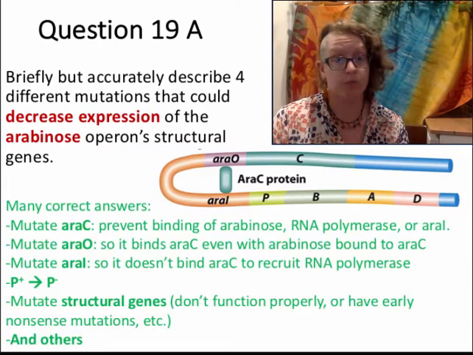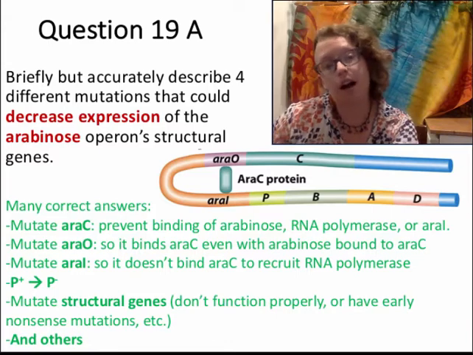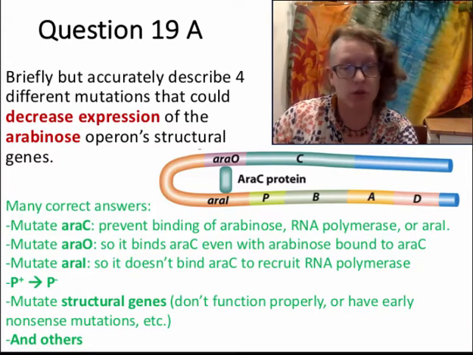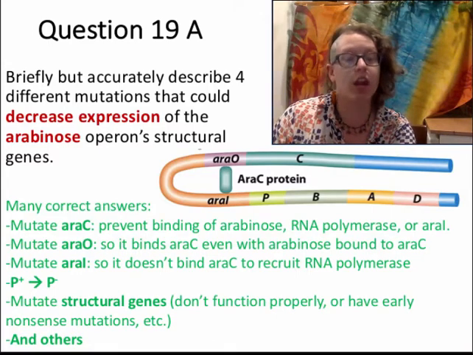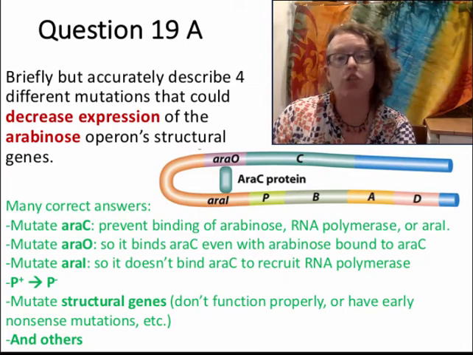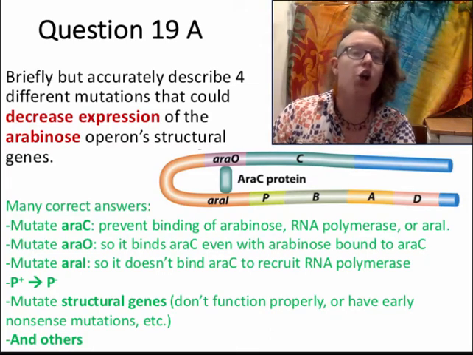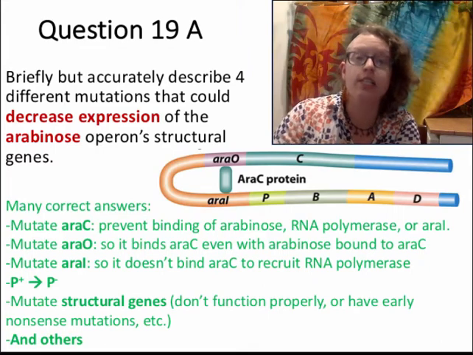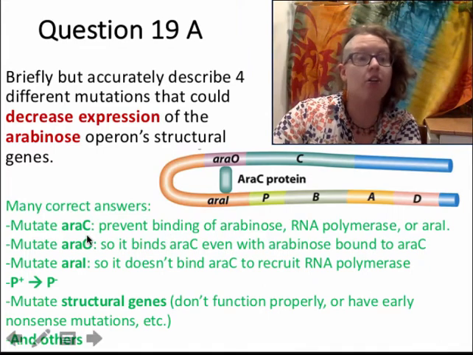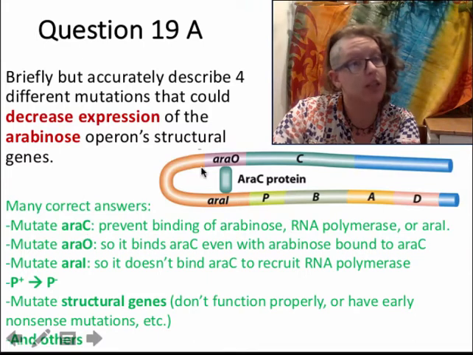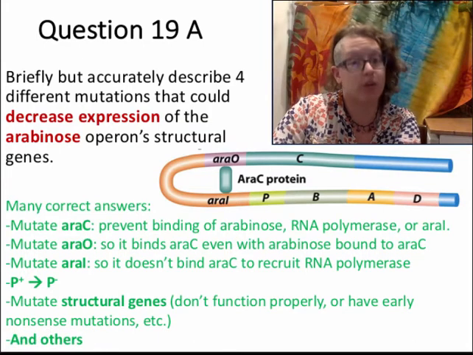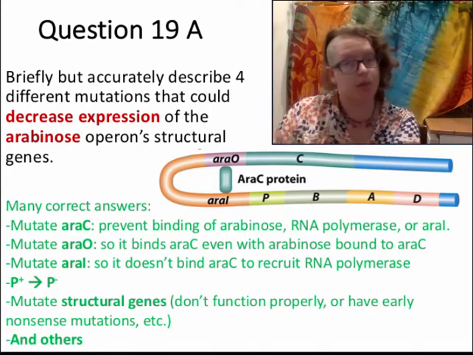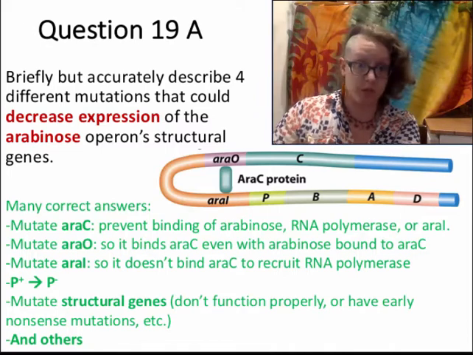Here's a few. You could mutate RSC, the gene that codes for the RSC protein, such that it cannot bind arabinose, which, if you remember, causes this inhibition. So RSC interacts with arabinose, causing inhibition, or it doesn't interact with arabinose, and when it isn't interacting with arabinose, it promotes transcription.